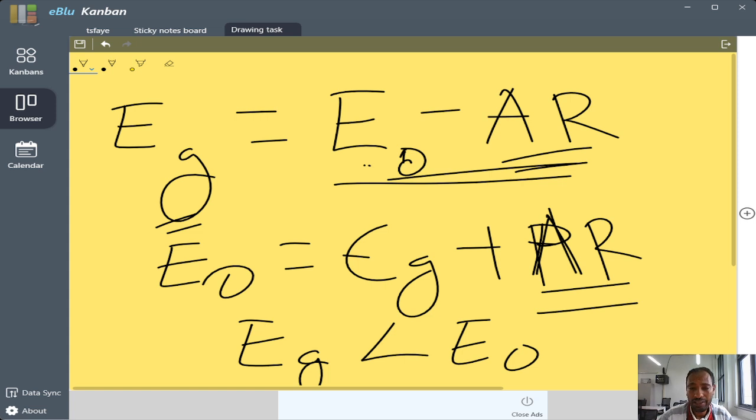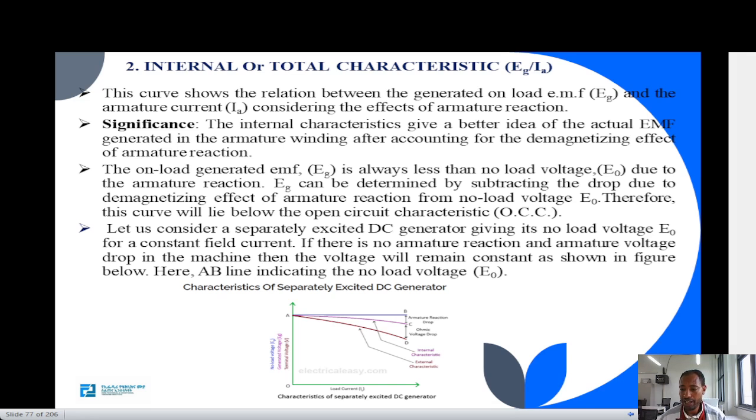So in our curve, this AB is the no load voltage, E naught, right? If you subtract armature reaction from that, we'll get this internal generated voltage. What do you call it? EG, the internal generated voltage.